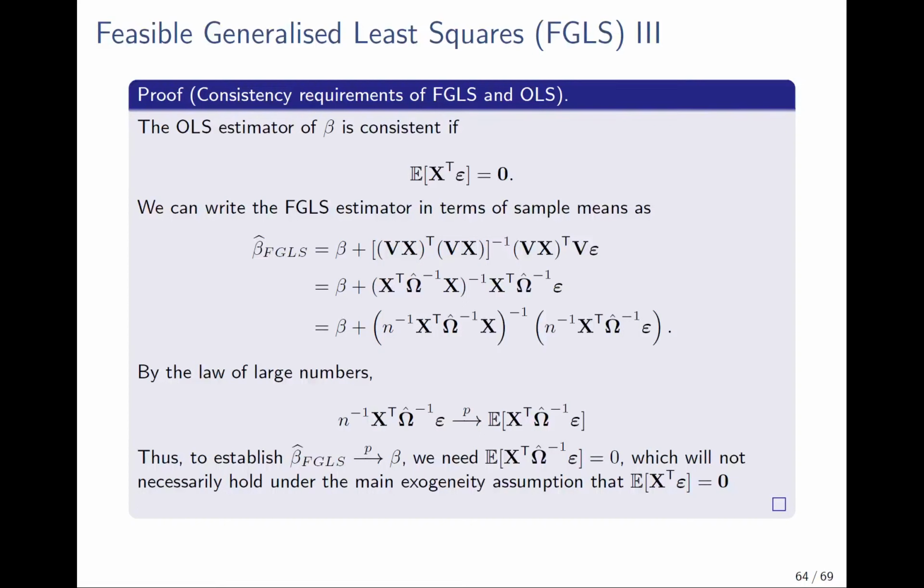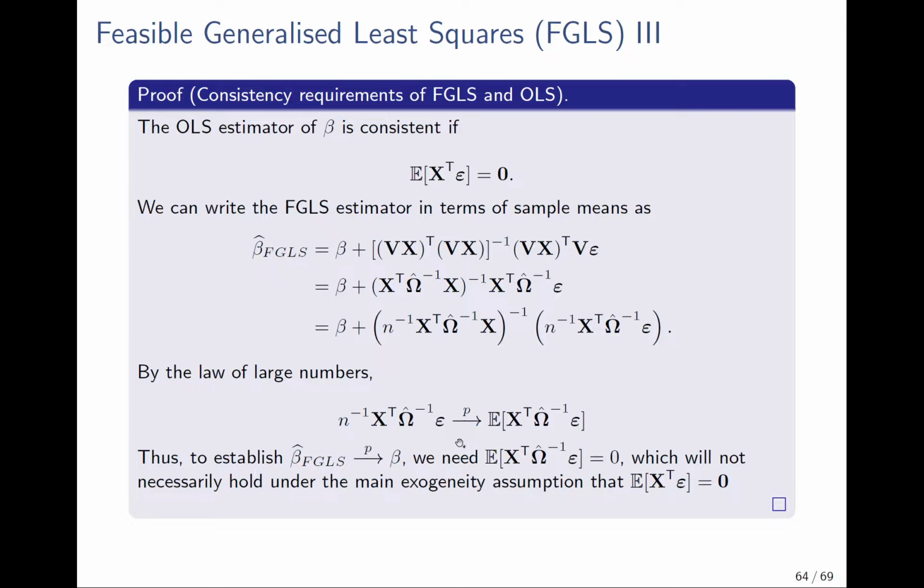I'll sketch out the logic of this slide, and you can work through the algebra in your own time. So the OLS estimator is consistent if the expectation of x transpose epsilon is 0. For FGLS, we write the estimator in terms of sample means, as shown in these equations here, and we apply a law of large numbers.